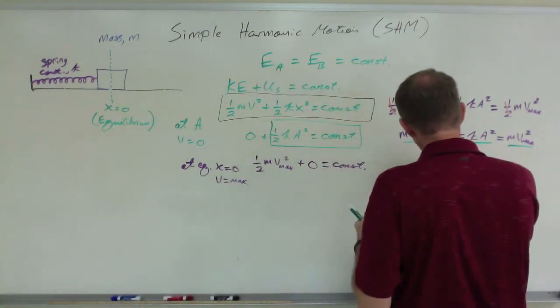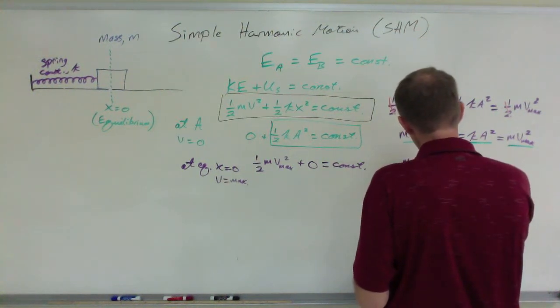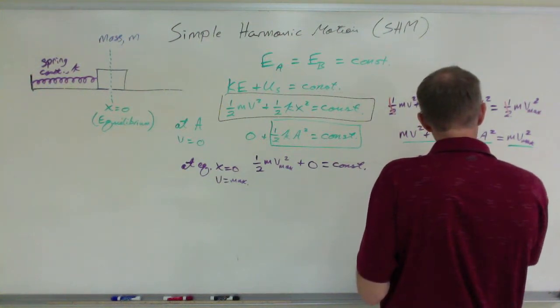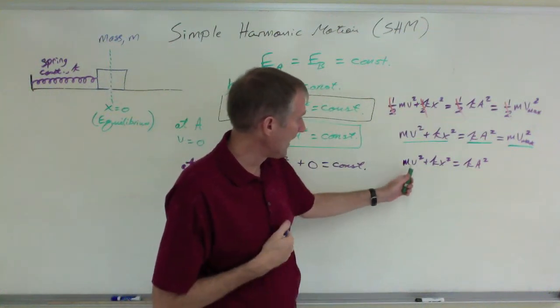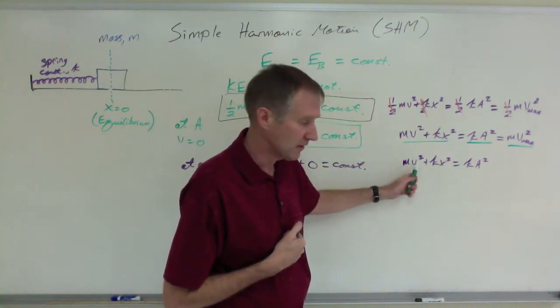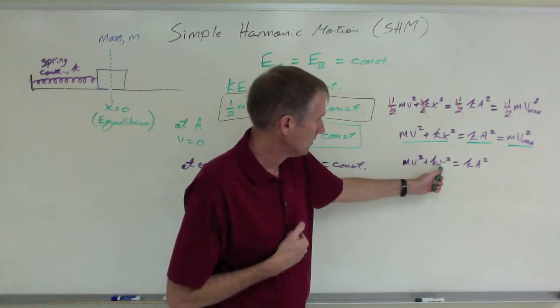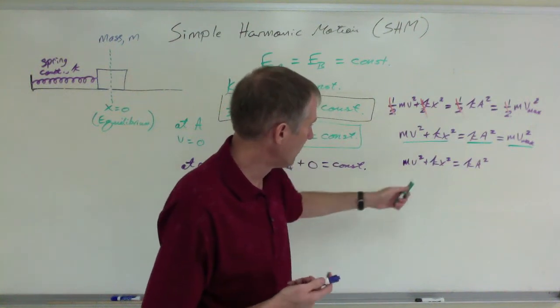Let's say that you know the amplitude. So mv squared plus kx squared equals kA squared. And you want to know how fast it's going, or this is speed, not velocity, how fast it's going at a certain position, given the amplitude and the value of k. Well, solve that thing for v.